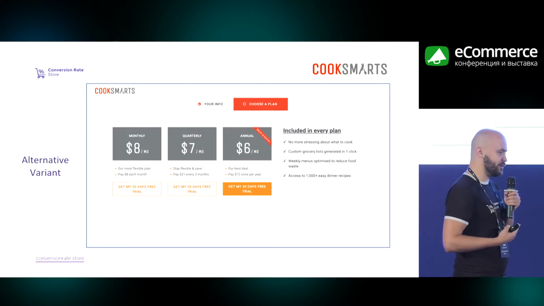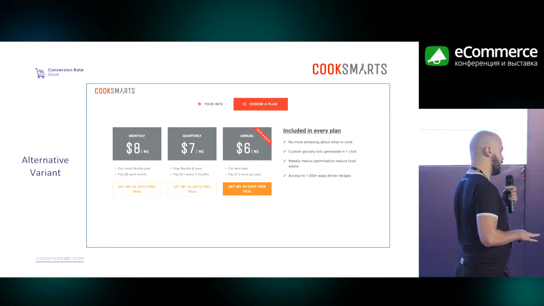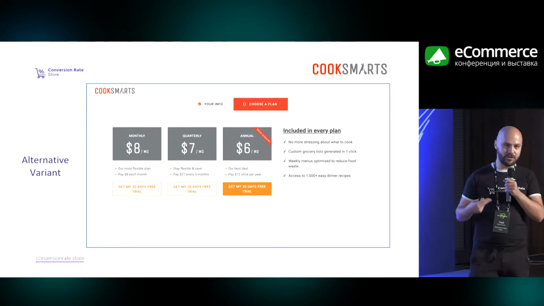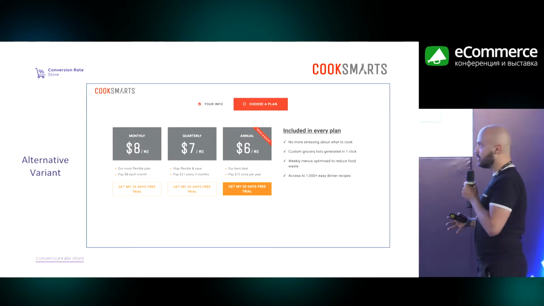Can you see the sense? Basically, the user gets a 30-day free trial. He's not charged during the free trial, but he's charged automatically on the 31st day after the trial, okay?